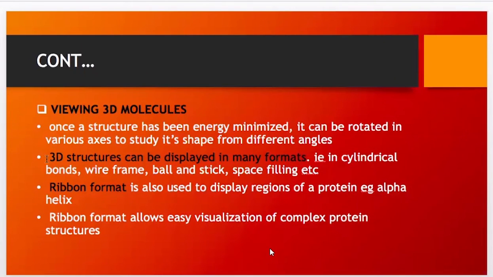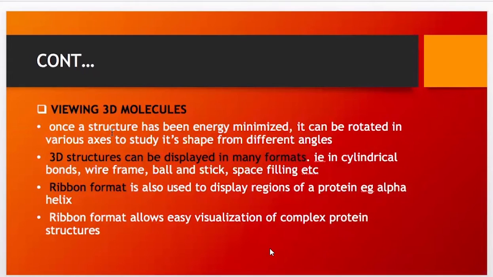All right, so the other one is the viewing of 3D molecules. Like we have mentioned, you can make a 3D molecule using these structures, and after that you can do energy minimization so that your compound is now stable.